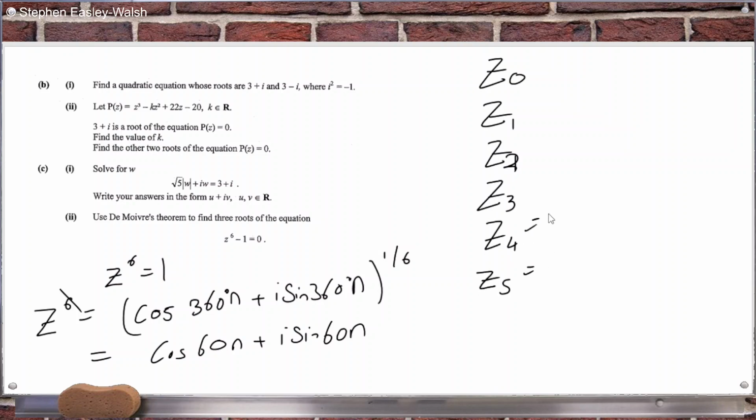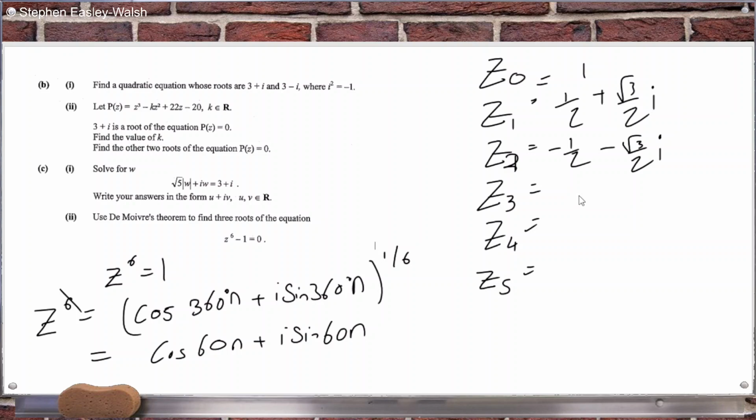0 to 5. So obviously when you put in 0 you get 1, which is one of them. And then you're going to have next cos 60, which is a half, plus i sine 60, which is root 3 over 2 i. And then cos 120, which is minus a half, and then plus root 3 over 2 i.